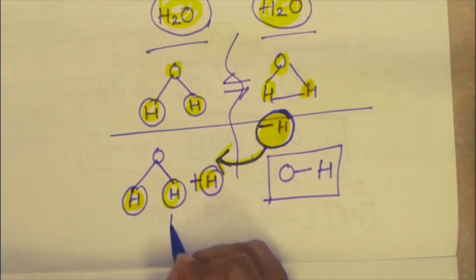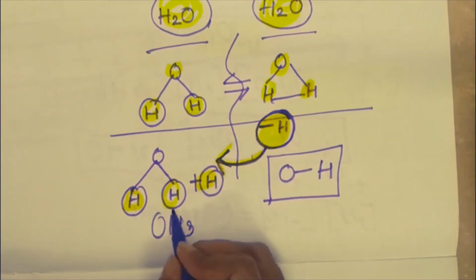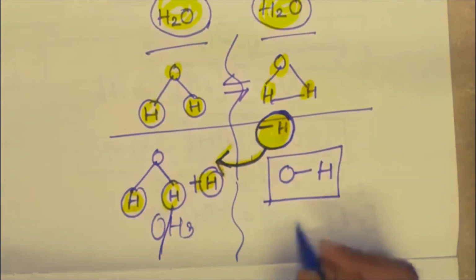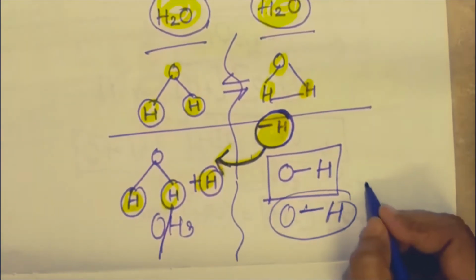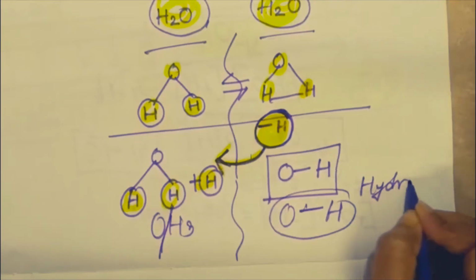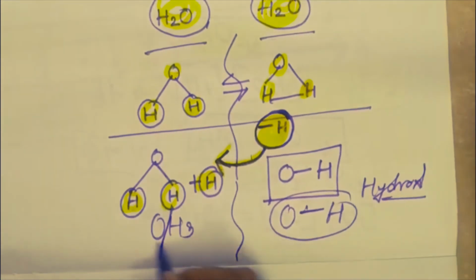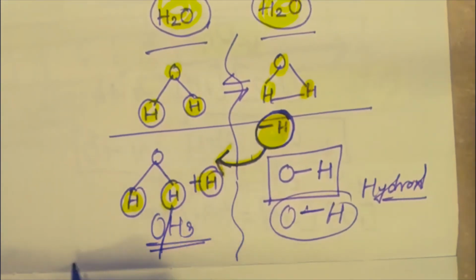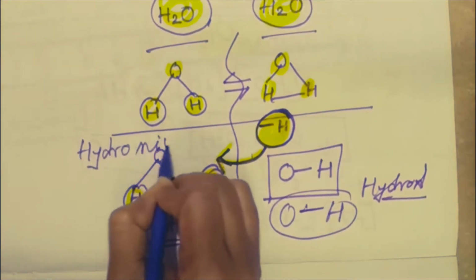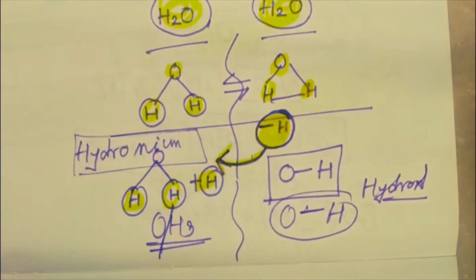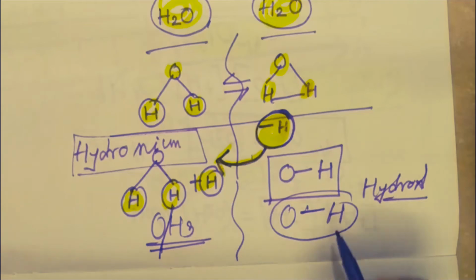There will be H3O with 3H, and the other will be OH. That is the hydroxyl ion, and H3O is known as the hydronium ion. This is the basic chemistry behind the acidity and alkalinity of soil.